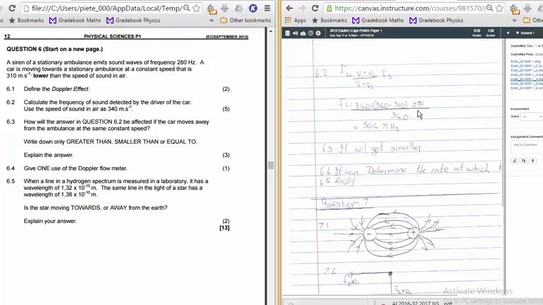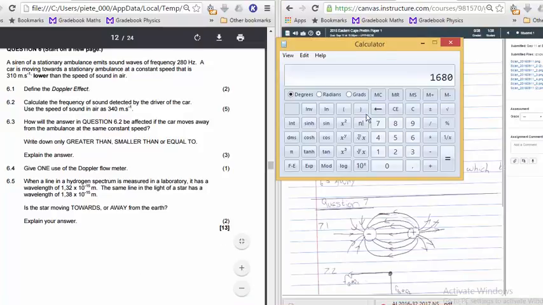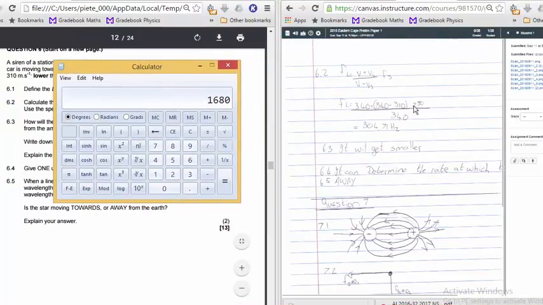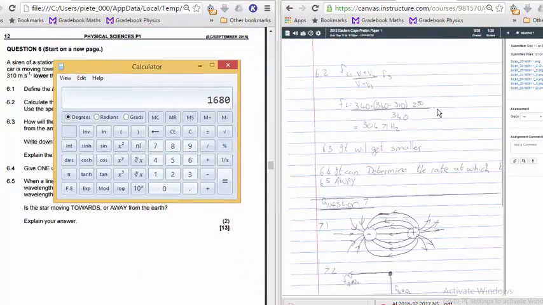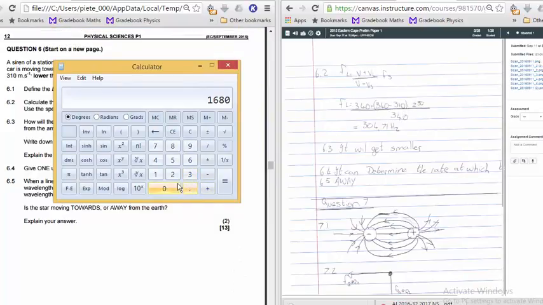Okay, and then at the bottom we only have the velocity of the medium, which is 340, and then the frequency of the emitted sound is 280. Now I just want to see here that he's calculating it correctly, because the 280 should just be on the side. He shouldn't multiply it with a 30, but I'm sure that's not how he did it.